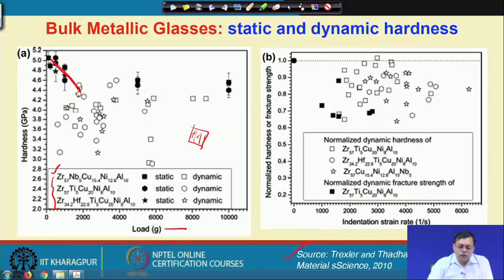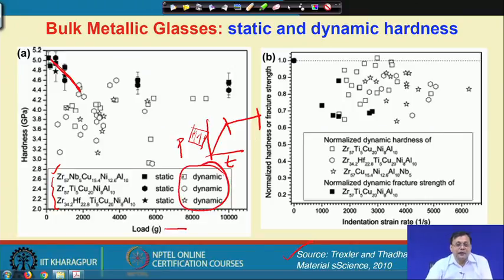However, we can also go for loading during indentation of a material. Let us say this is the time and this is the load, and then we can hold for some time and measure the hardness during the holding time. This hardness we call the dynamic hardness. That means with time we reach a peak load and hold it for some time, and we measure the hardness in this particular case.